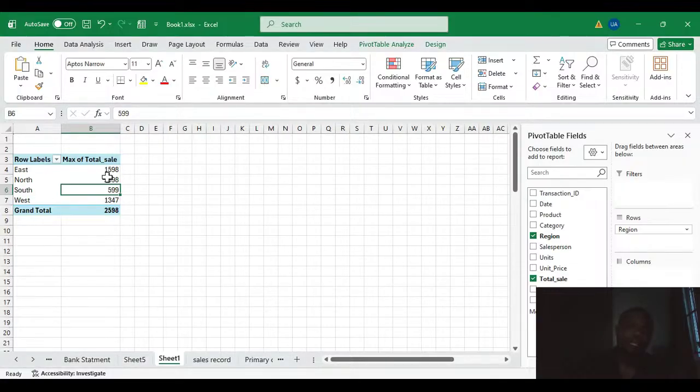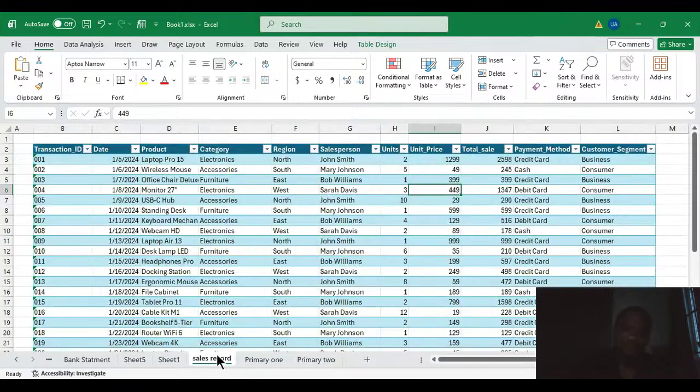This shows that the highest amount sold in the East region is 1,598. So we can just go to our sales record and verify that.